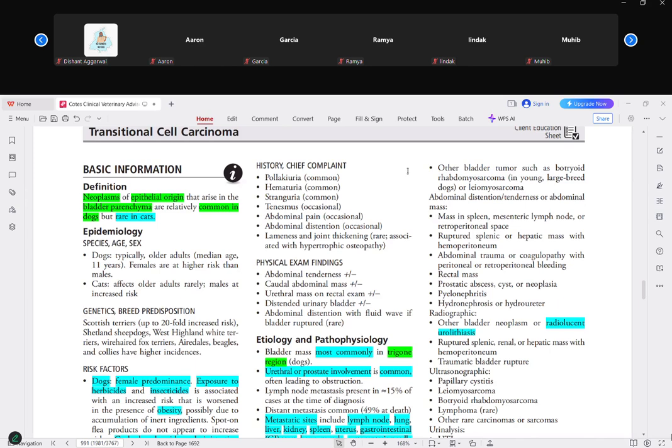In the minimum database, on the urine you also find leukocytes. Another thing is you find azotemia.